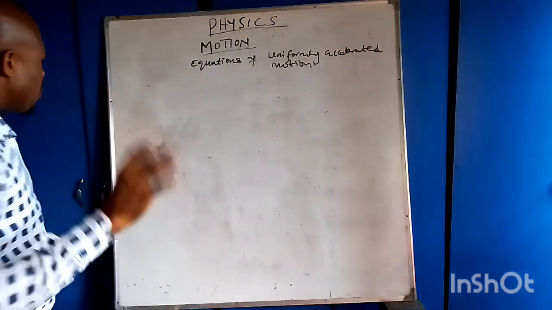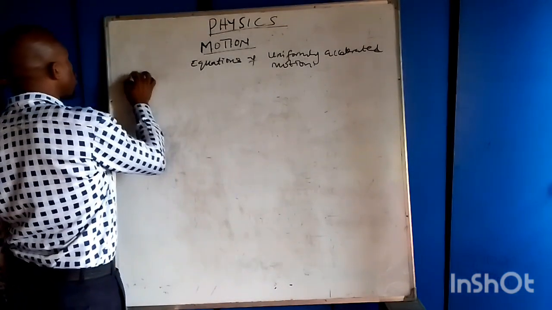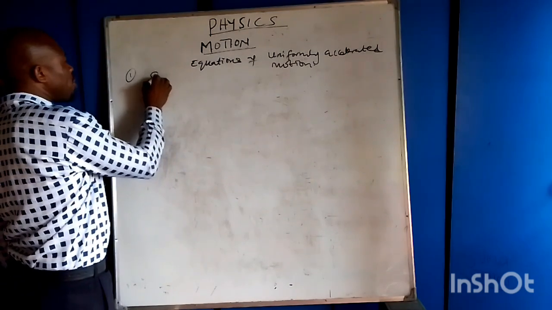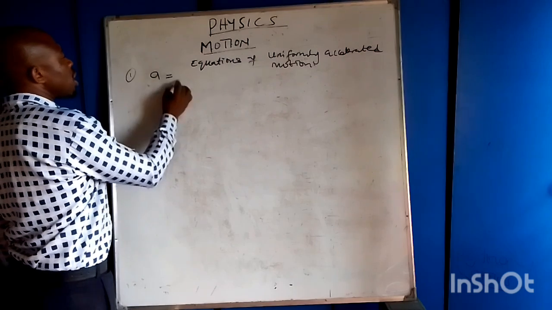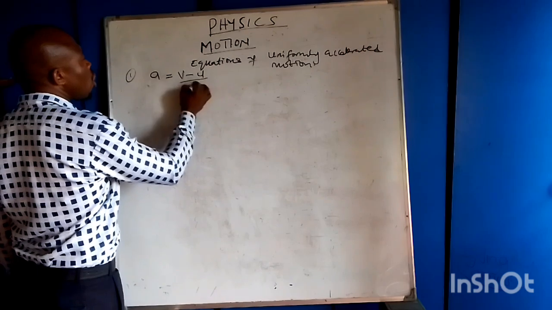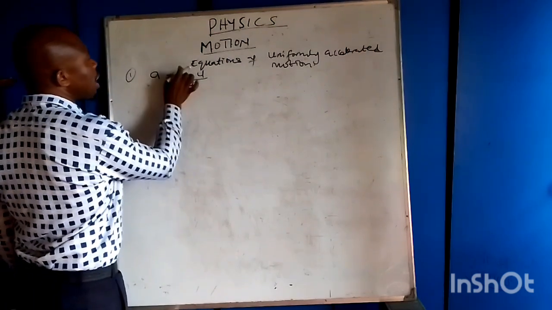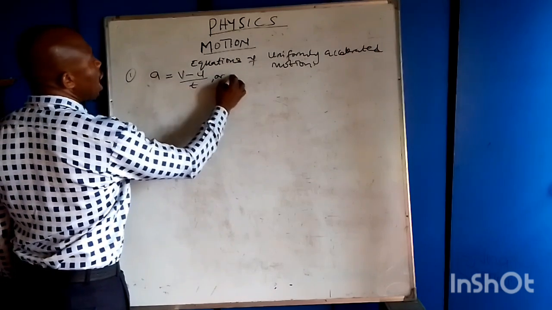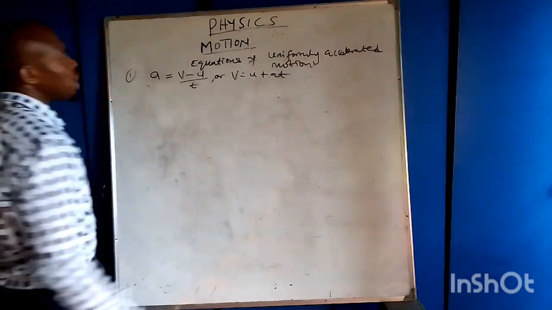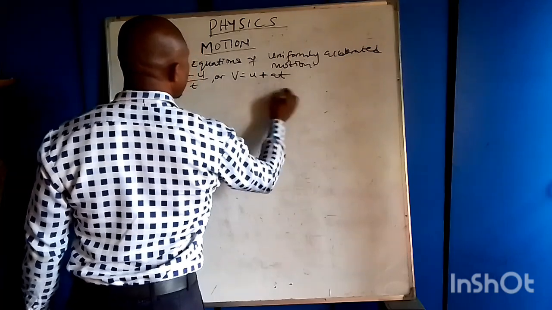There are basically 4 equations of uniformly accelerated motion. We have the first one, which stems from acceleration: a is equal to v minus u all over t. And if you cross multiply and make v the subject, we now have that v is equal to u plus at. So that is the first equation, number 1.